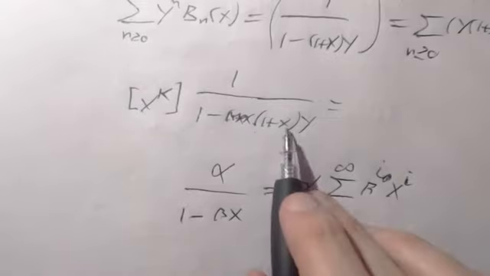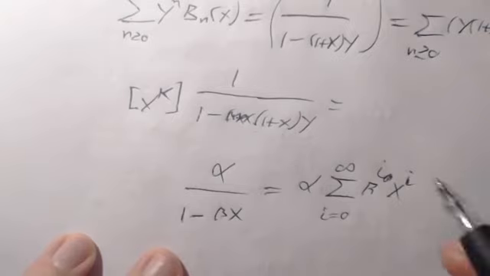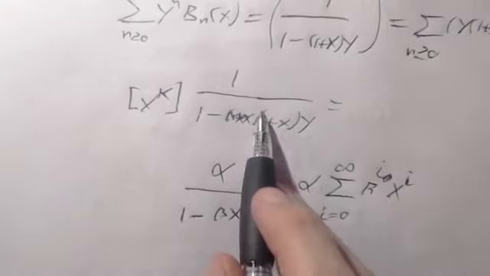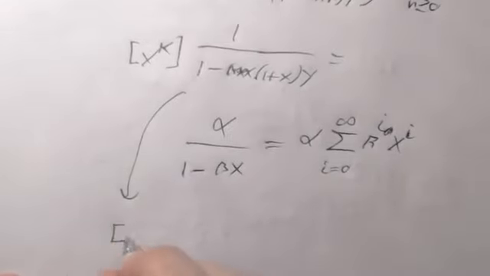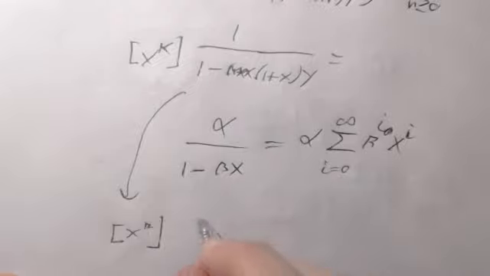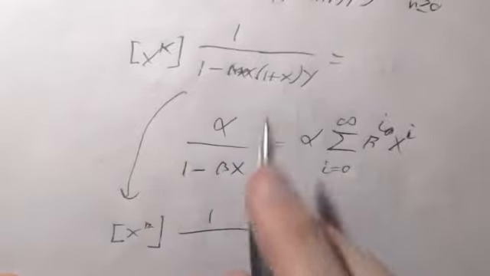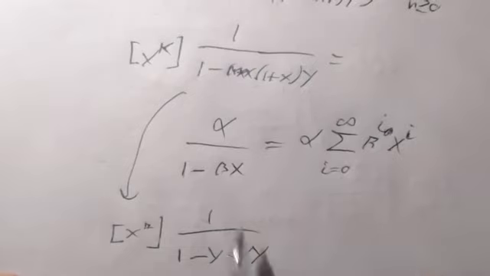So that's what we were doing here. And so it's very easy, once you realise that's what we're trying to do. So then this was equal to the coefficient of x to the k. So we're just trying to get this, so rewrite the bottom fraction as 1 minus y minus xy.